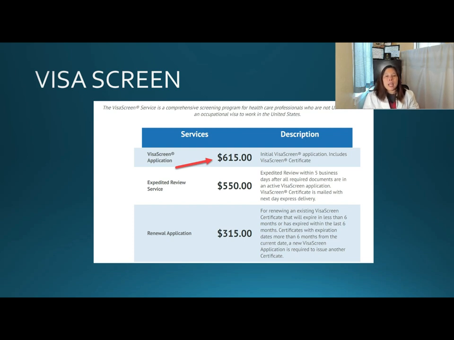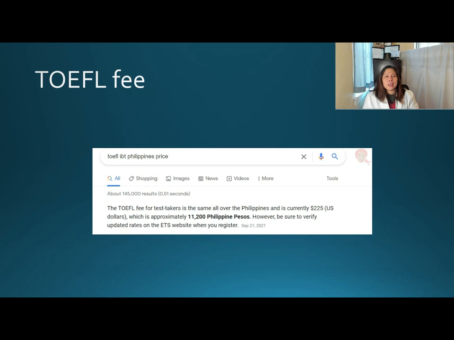Next, part of the requirement of the healthcare worker certificate is for you to pass the Test of English as a Foreign Language, the TOEFL. The healthcare worker certificate is required because there had been incidents in the US where foreign-trained healthcare workers could not be understood by patients.